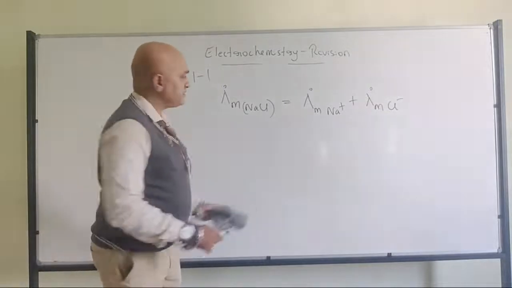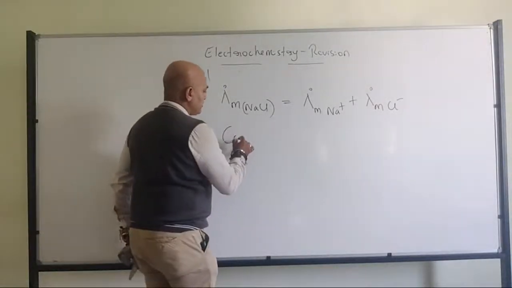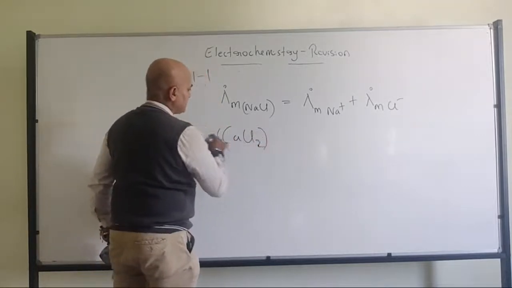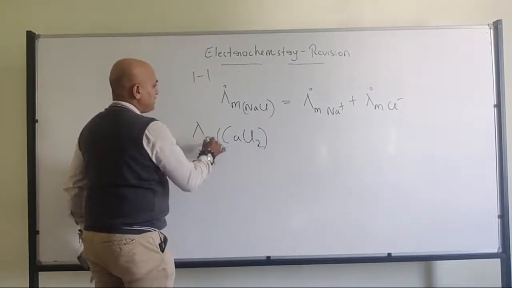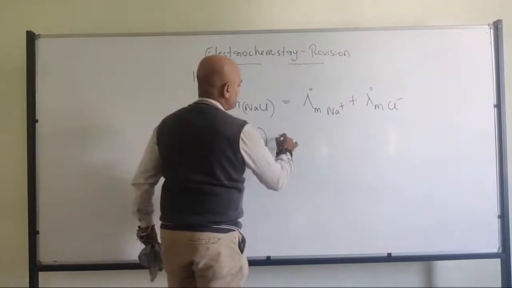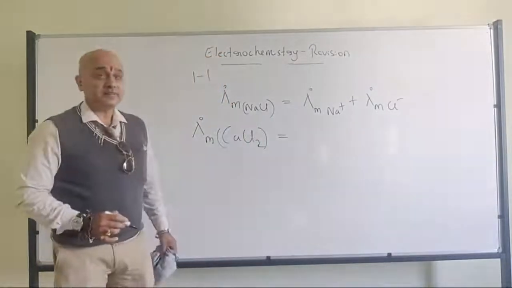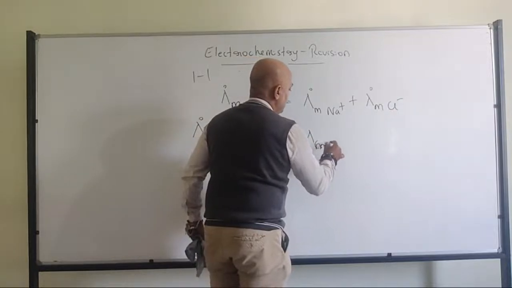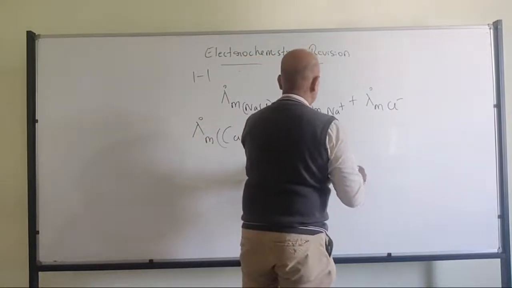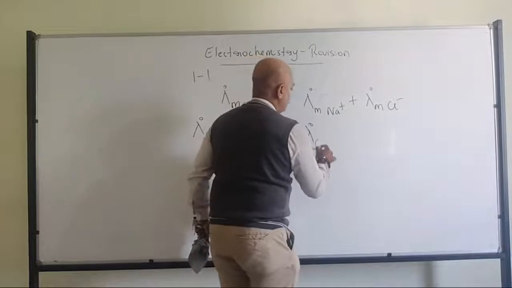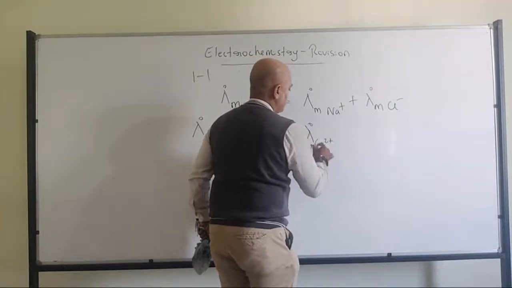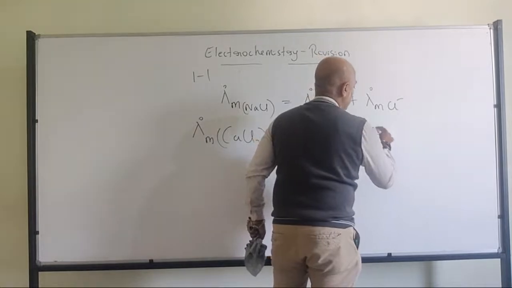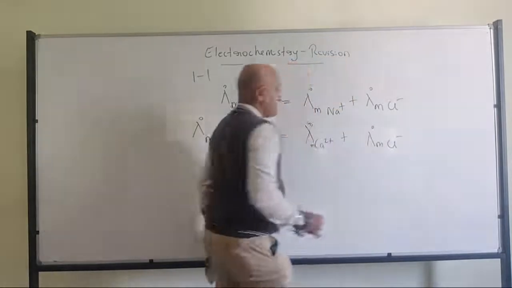Fine. Any doubts? If, for example, I take calcium chloride as an electrolyte, and I want to find out the limiting molar conductivity for calcium chloride, naturally it will be the sum of the limiting molar conductivity of calcium plus the limiting molar conductivity of chloride.